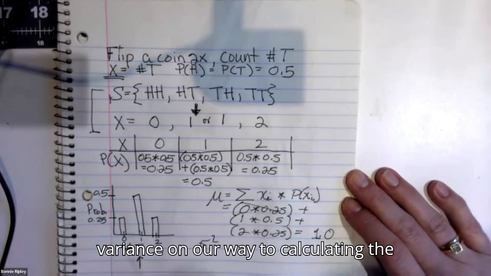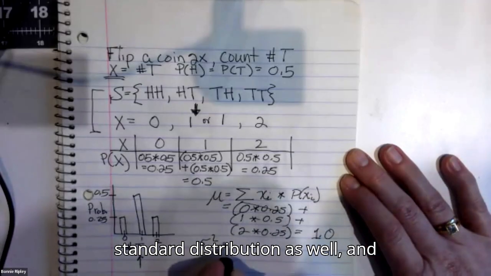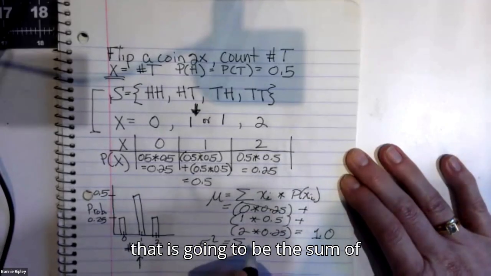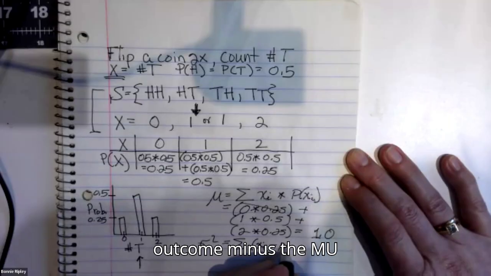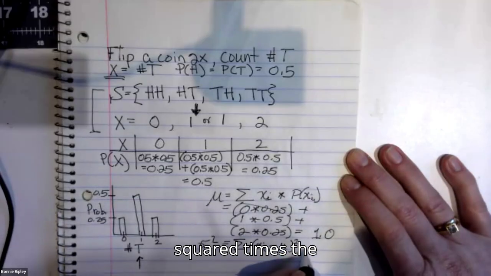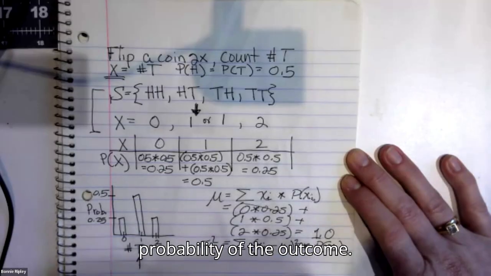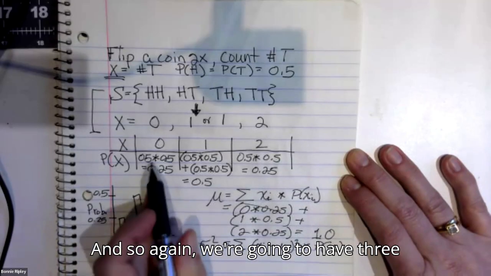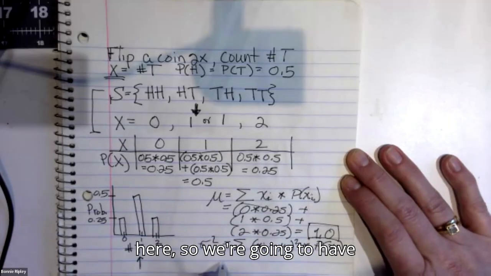Now we're going to start with the variance on our way to calculating the standard deviation as well. And that is going to be the sum of each individual outcome minus the mu, squared, times the probability of that outcome. All right, so again, we're going to have 3 terms. We've got our mu here.